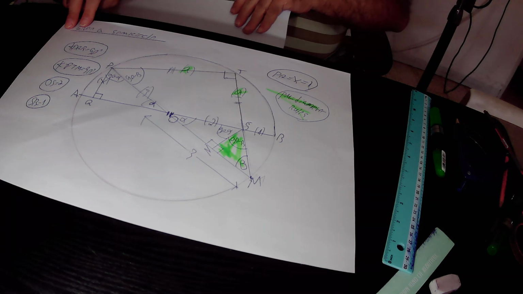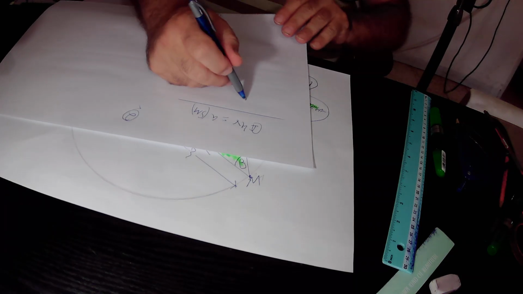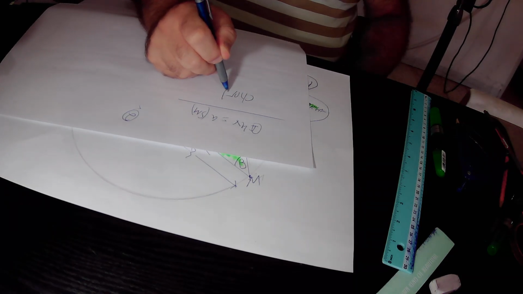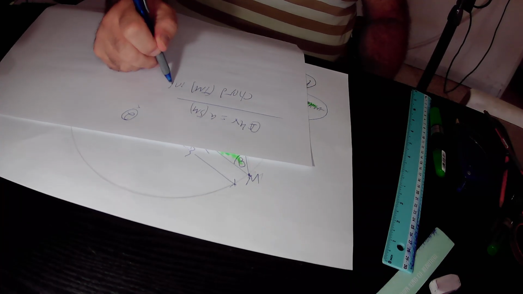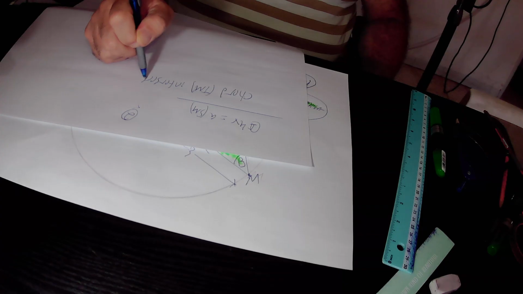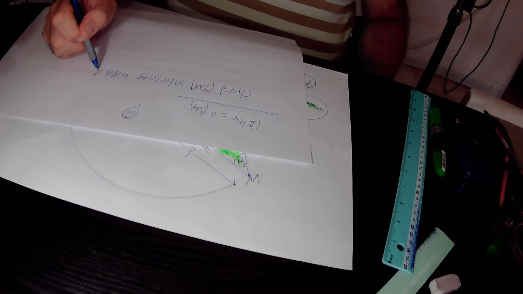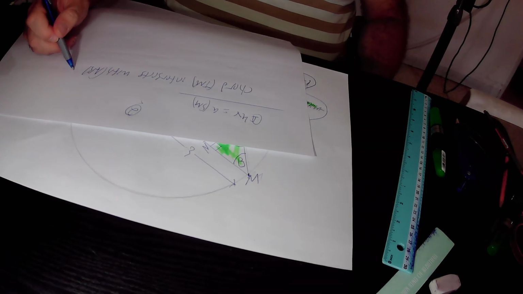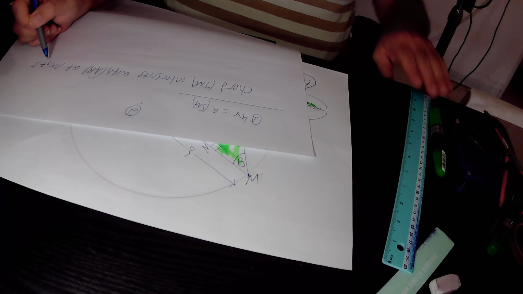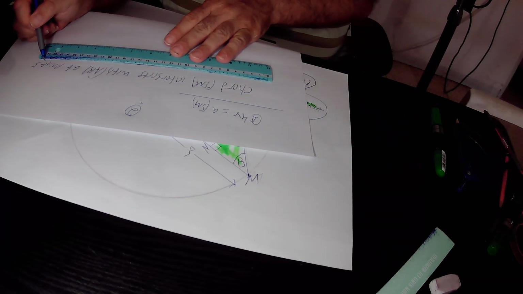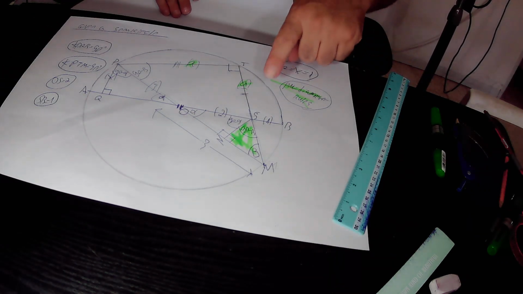So I write it down. We should find out that in our drawing chord TM intersects with chord AB at point S. The intersection point occurs at point S, this point.